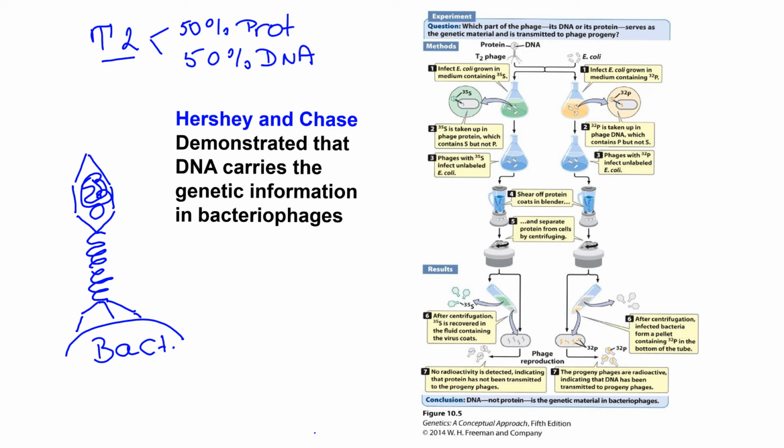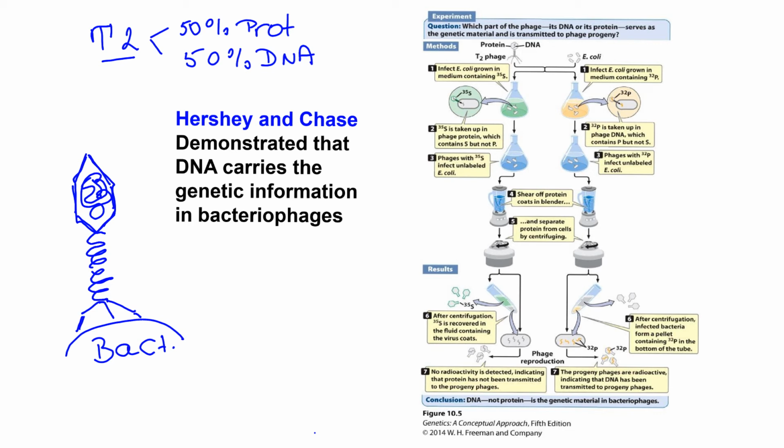Nowadays we know that bacteriophage is composed of the icosahedral head, outlined right here, which encloses genetic information, the neck, and the spikes which attach to bacteria. So we know today that it is DNA which is injected into bacteria.